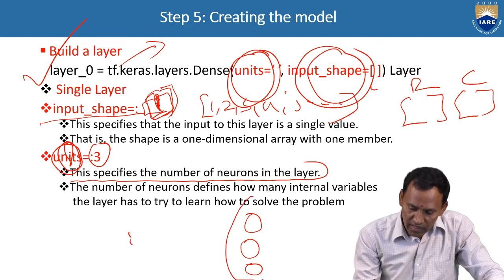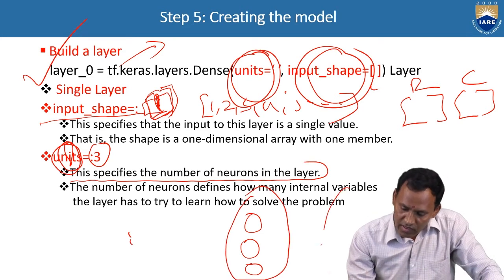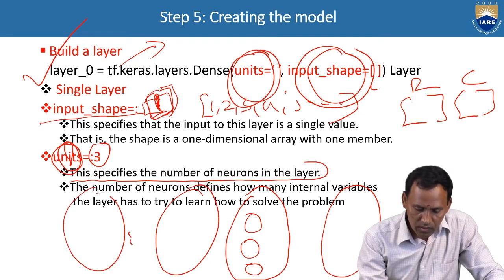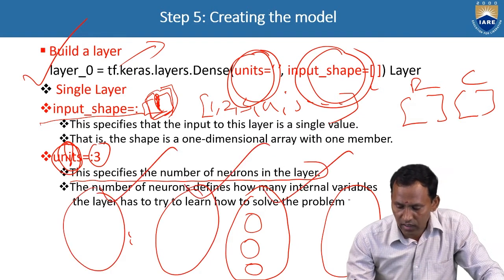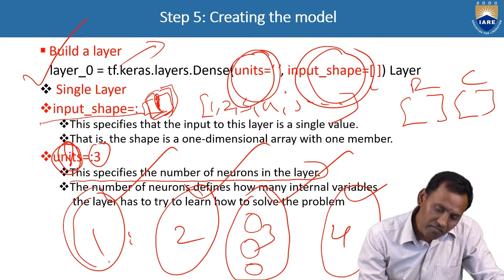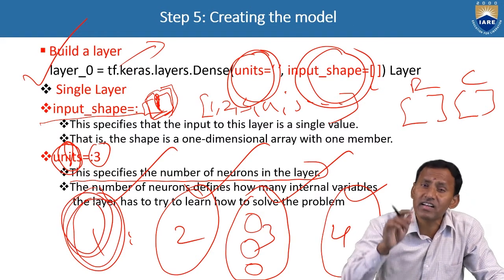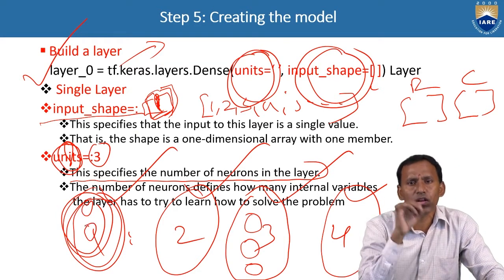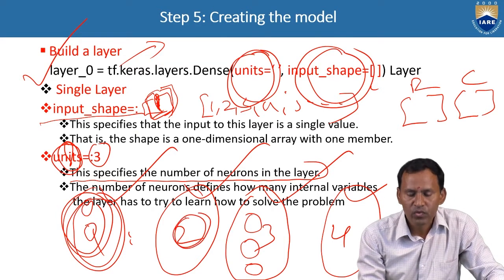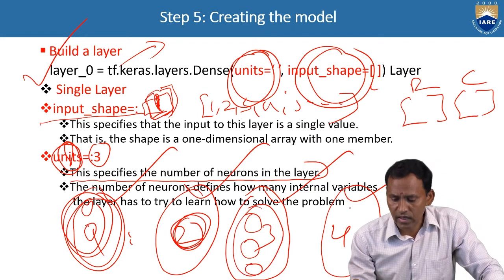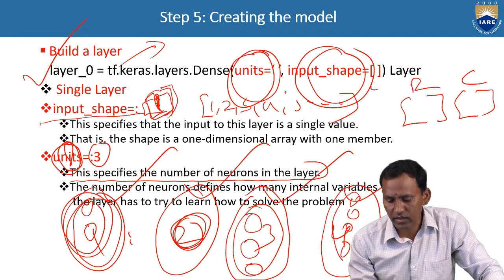This is one layer, this is the second layer, and this is the third layer. Each layer contains a number of neurons: in this layer only 2 neurons, in this layer only 1 neuron, in this layer 3 neurons, and in this layer 4 neurons.